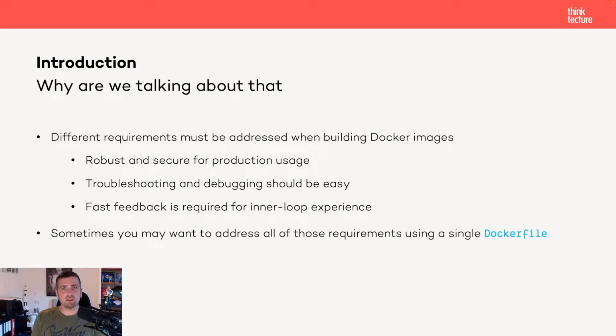So as I said, there are different requirements that you may want to address when building Docker images. And typically those requirements are brought to the table from different people, right? The people that are responsible for running our container images, let's say in production, they obviously want robust and secured Docker images.